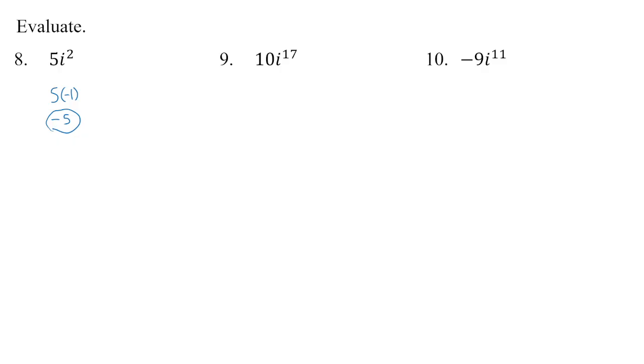Next, we have 10i to the 17th. So the first thing we're going to do, we're going to find out what i to the 17th is. So 4 goes into 17 4 times and have a remainder of 1. Therefore, i to the 17th power is i. Therefore, 10 times i is 10i. Finally, we have -9i to the 11th.